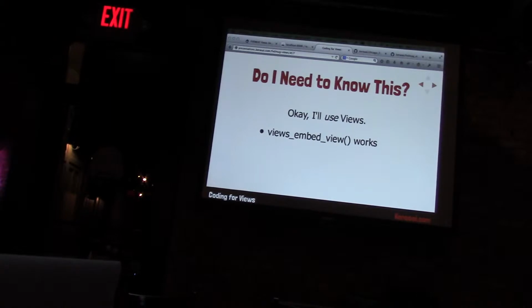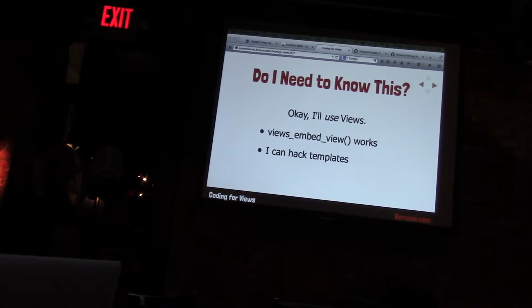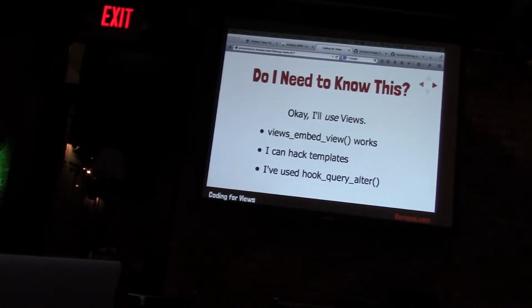But anyway, you decide, okay, I'm going to use views. I'm developing some custom stuff for my site, and I'm going to use views to list out some stuff. I can use views_embed_view, which loads a view and outputs the results. You can do that anywhere you want. You can stuff that right in your template files, so essentially, in your theme, output the results of a view if you want. And you can also even use hook_query_alter to jump into the query that views generates and make more changes to it before it actually runs.